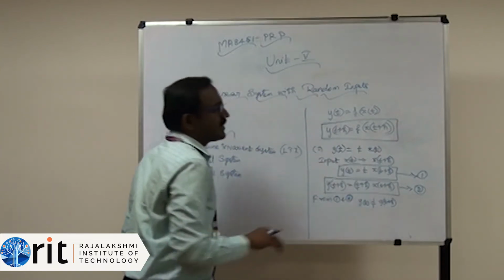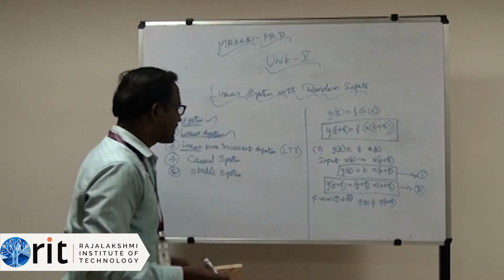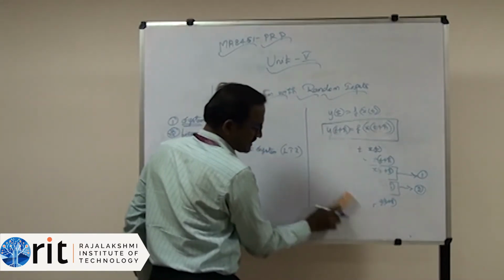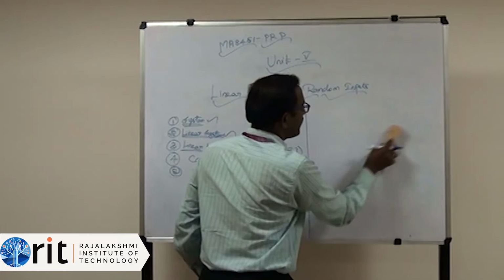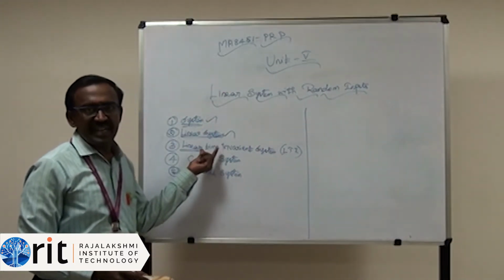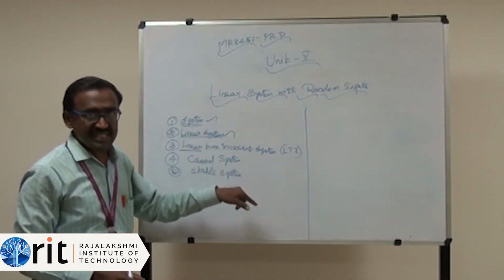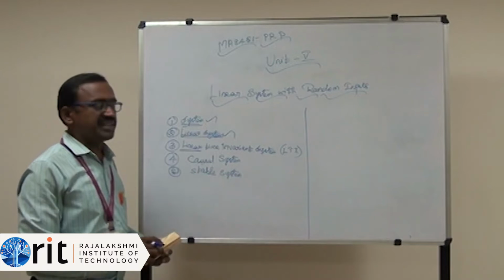Therefore, the system is not a time invariant system. That is the best example of a time invariant or not time invariant system. If it satisfies this condition, we can say it is a time invariant system. If not satisfied, it is a time varying or non-time invariant system.